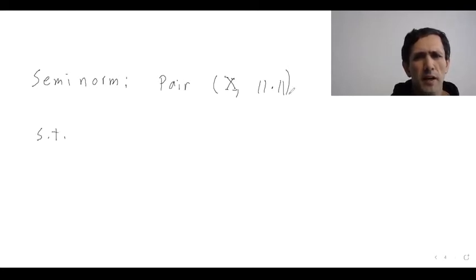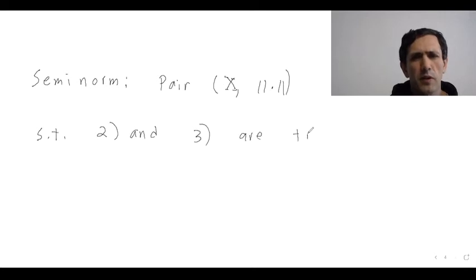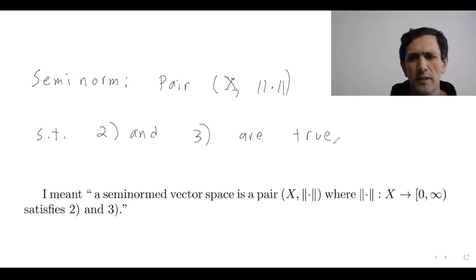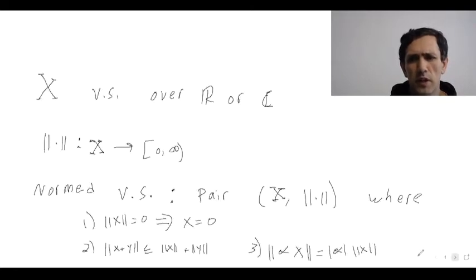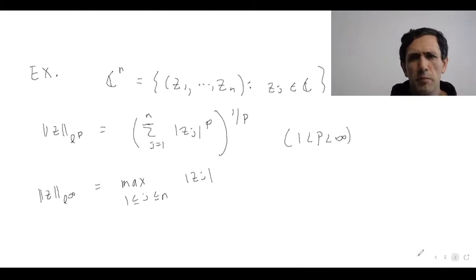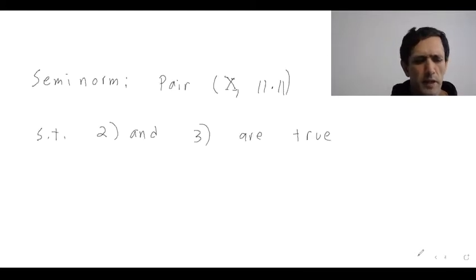And it's a pair X and this function here where 2 and 3 are true. So in other words, we're not necessarily assuming 1 is true. And you should be able to think of a very natural example of a semi-normed vector space.